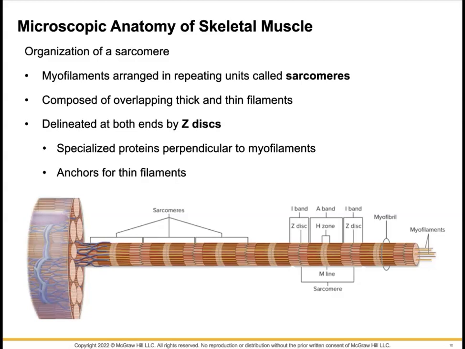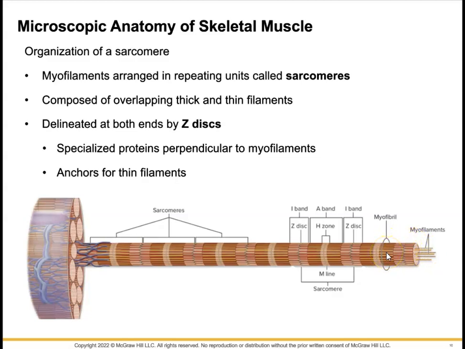Okay? So, what we're looking at here, again, you've got a muscle fiber, which is a muscle cell. You've got your myofibrils within, making up most of the muscle cell. Then you've got your tiny little myofilaments, your actin and myosin, making up the myofibril.